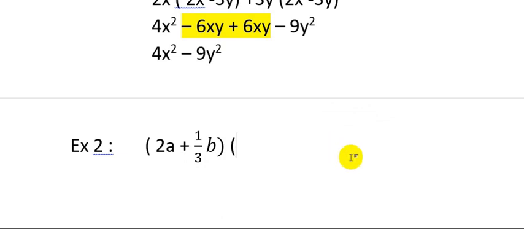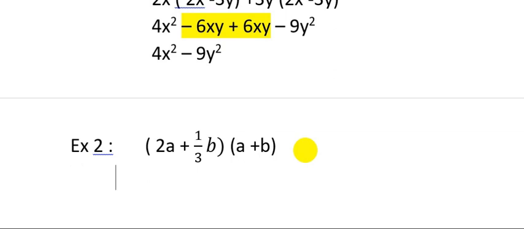So we are going to take another expression as, let's say, a plus b. So this is another example where we get one algebraic term as a fraction.